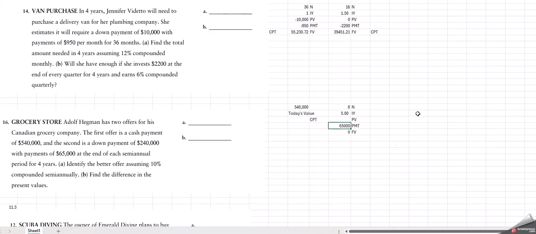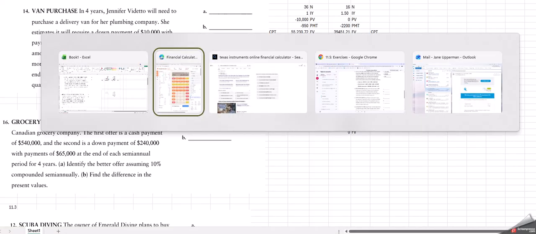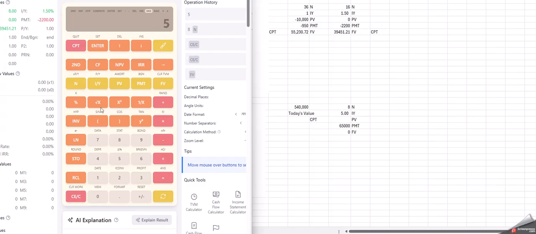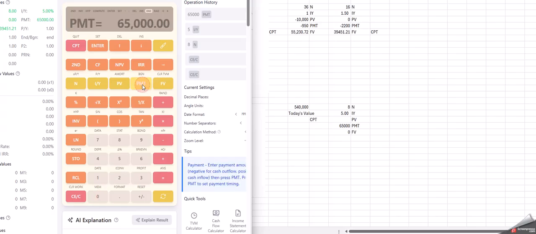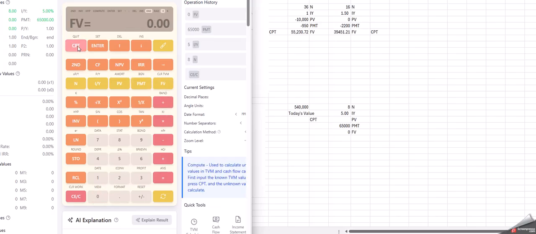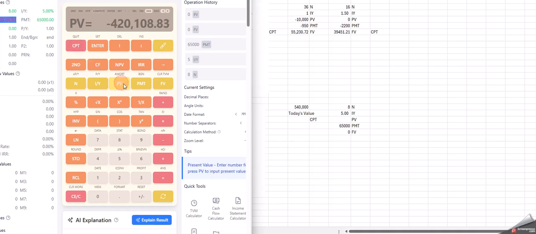We won't worry about making it negative because we're computing the present value, so that will end up being negative. So 8 is our N, 5 is the IY, 65,000 is our PMT, no future value, so zero that out and then compute the present value.